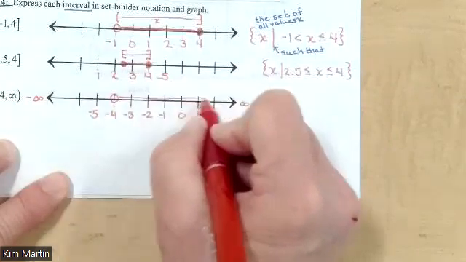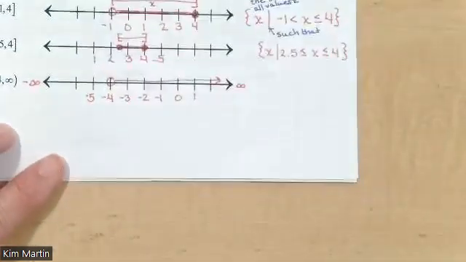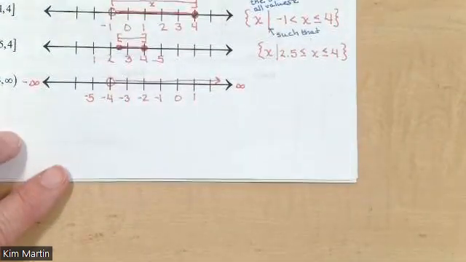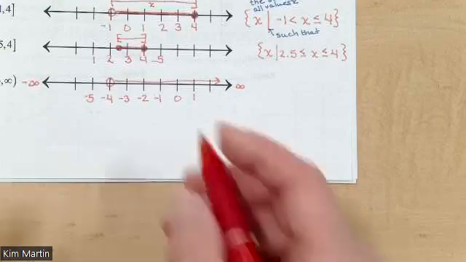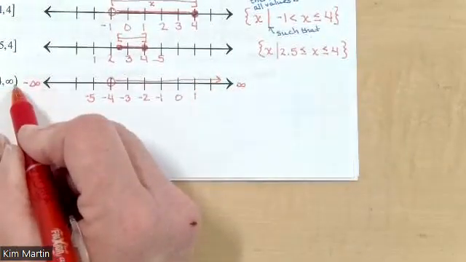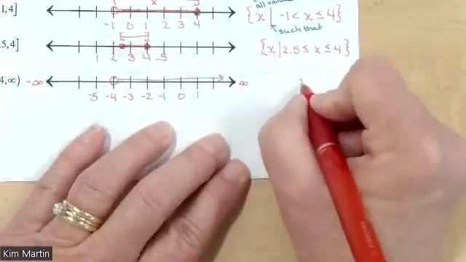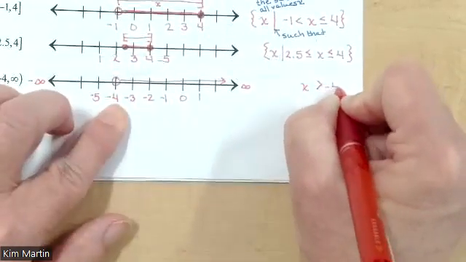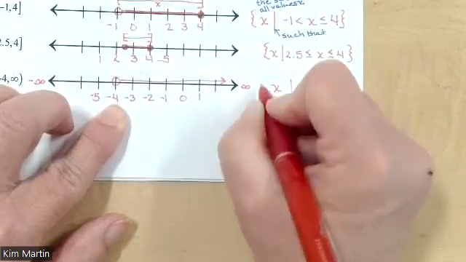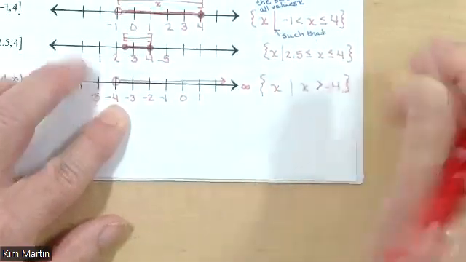It's everything this way, everything that way. With infinity, you would use parentheses, negative infinity and positive infinity. The way you write this is x is greater than -4, and then you just do x such that.